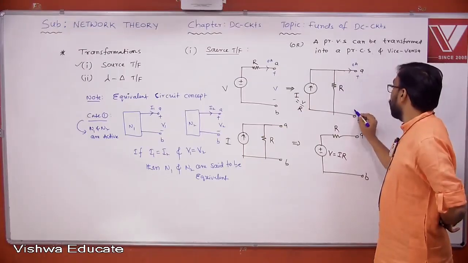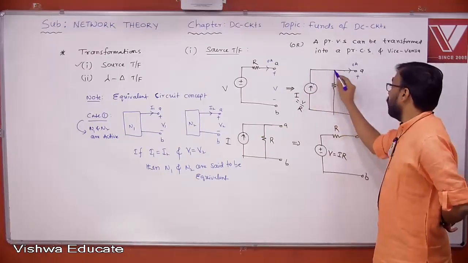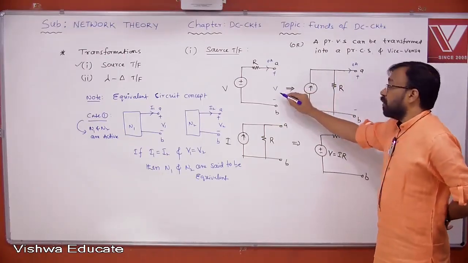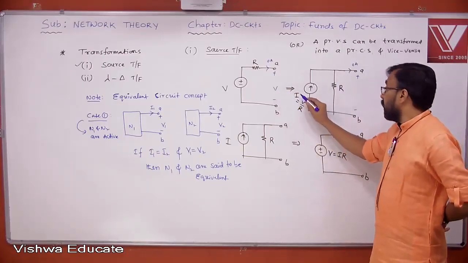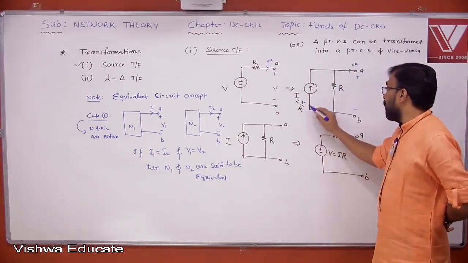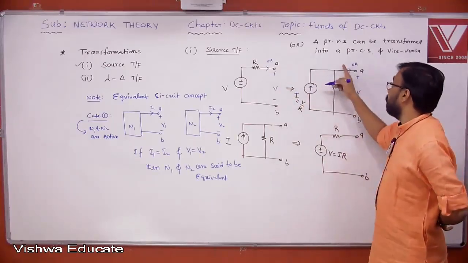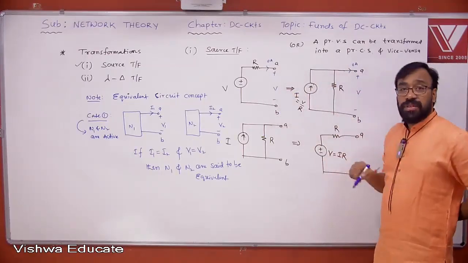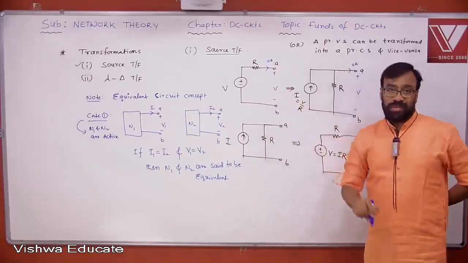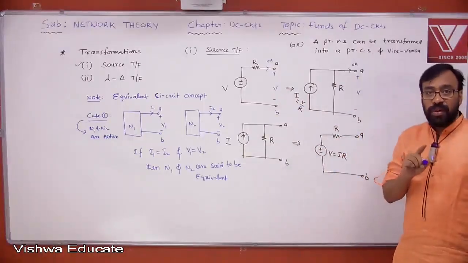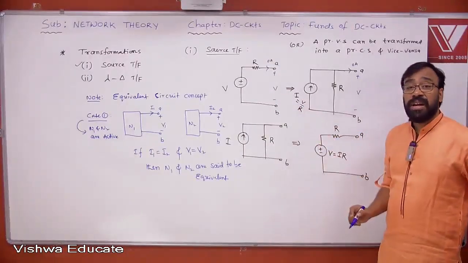What is the voltage that you are getting here? I into R, but you are supposed to get V. That is why, if I is equal to V by R, into R, that voltage will become V. Now you see, 0 ampere, V and V both are same. Therefore, network 2 is the equivalent of network 1. I think you understand why we are taking I is equal to V by R.